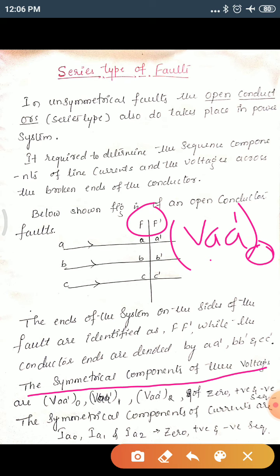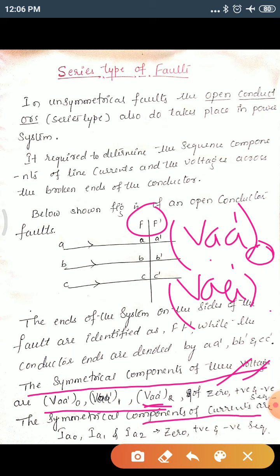Similarly, VA dash of 1 is the positive sequence voltage, and VA dash of 2 the negative sequence voltage. Similarly, the currents can be represented as IA0, IA1, IA2, the zero sequence, positive sequence, and negative sequence currents.